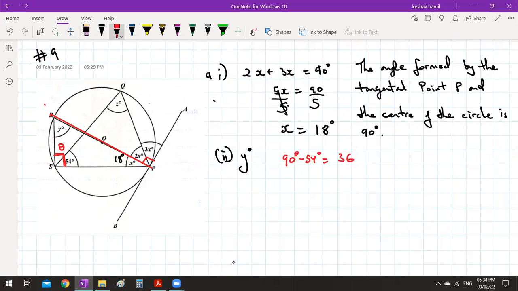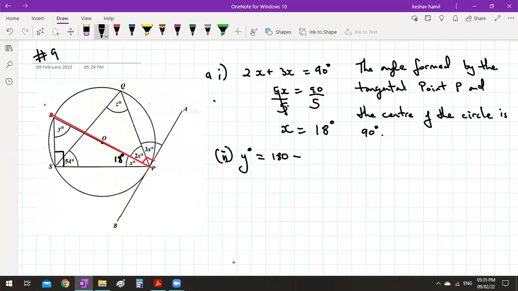So here's 36 degrees. Or in fact, we didn't even need to find that angle. We just know that that was 90 degrees. And the sum of three angles in a triangle is equal to 180. So the angle y will be equal to 180 minus the sum of the other two angles.